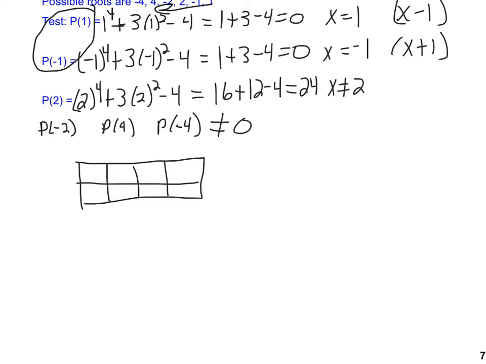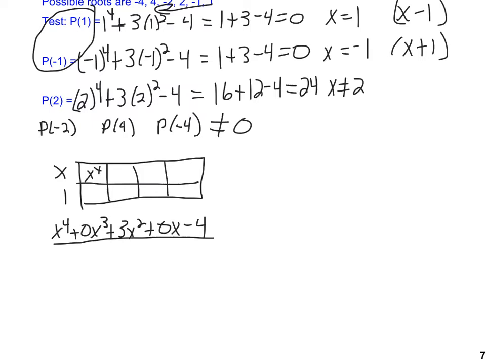And I have x to the 4th plus, I like to write out all of the terms, 0x cubed plus 3x squared plus 0x minus 4, and for the one factor of x plus 1, dividing that into my polynomial of x to the 4th plus 0x cubed plus 3x squared plus 0x minus 4.